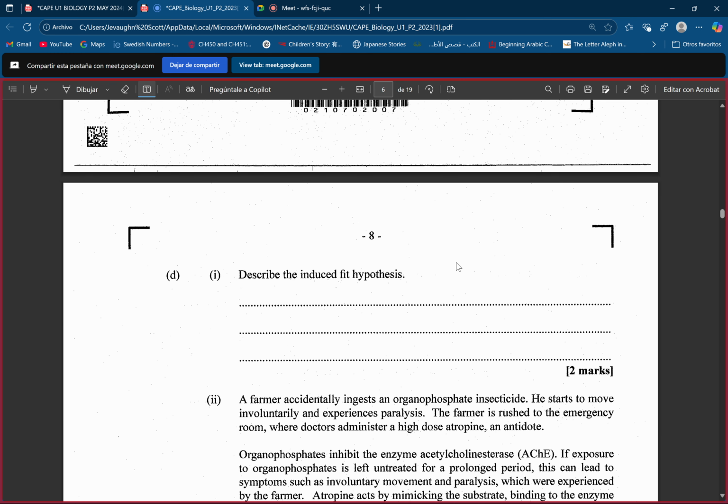Describe the induced fit hypothesis. Anyone? What is the induced fit hypothesis? Are we getting tired? Do we need to take a break?